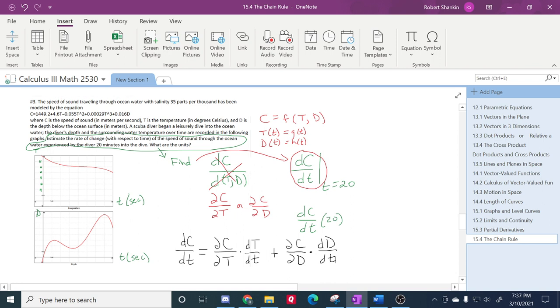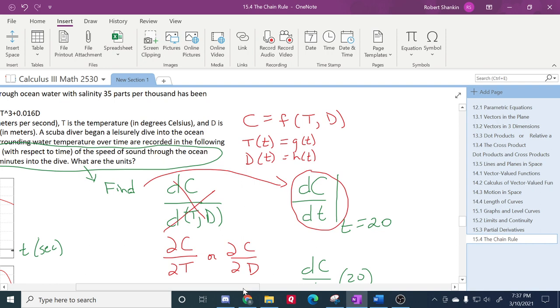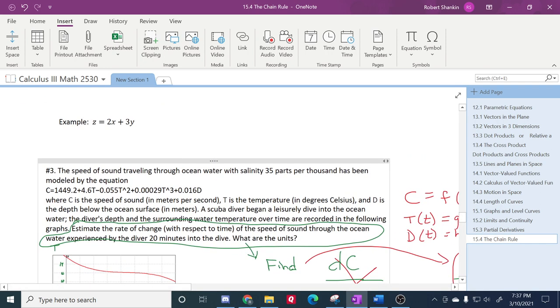Now, the partial of c with respect to t we can compute from this. Let me blow this up a bit. Partial of c with respect to t. Derivative of constant is 0.